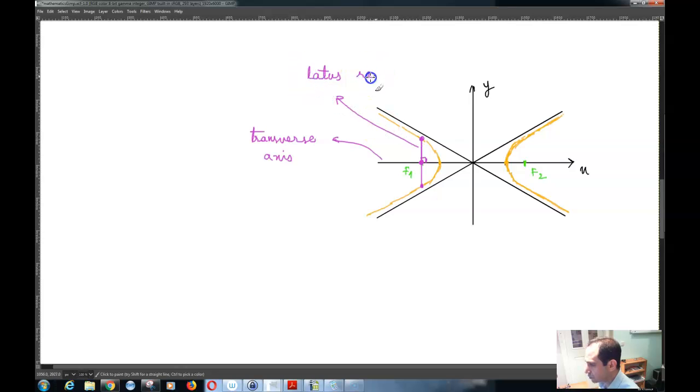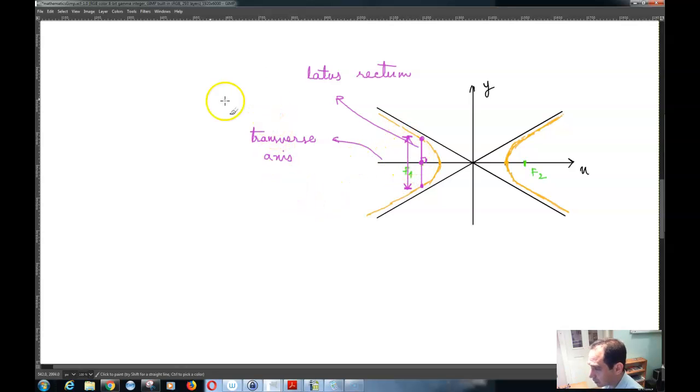It's called the Latus Rectum of the hyperbola, and the length of this line over here is nothing but the length of the Latus Rectum, like for an ellipse.